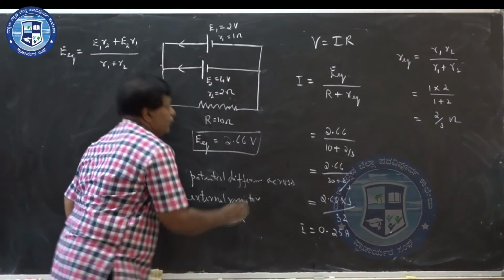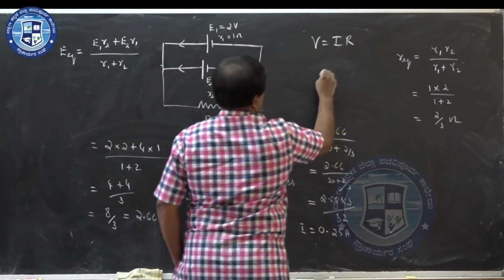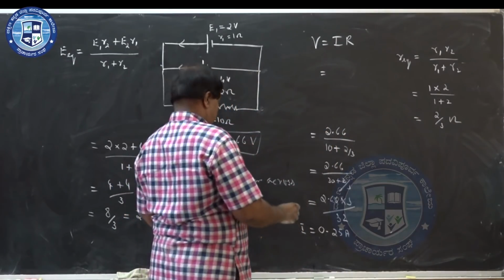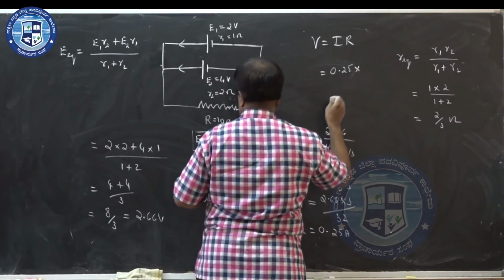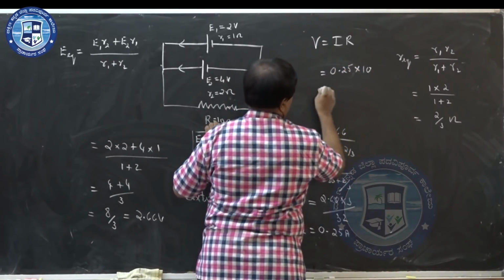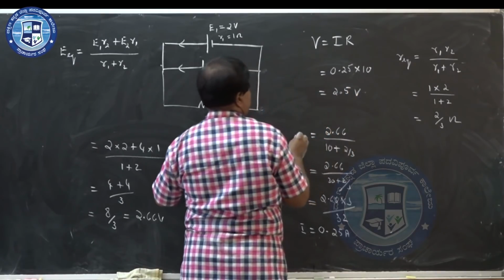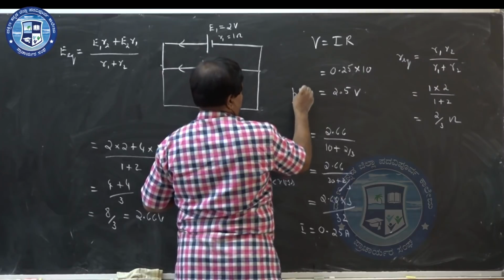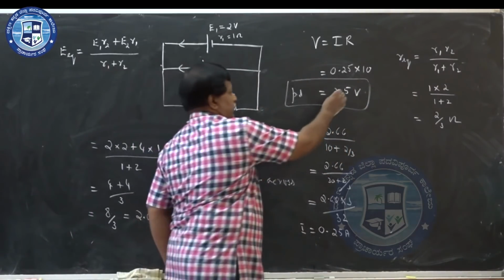Substituting, it is equal to I, which we got as 0.25, into the resistance 10. So it is equal to 2.5 volt. The PD is equal to 2.5 volt.